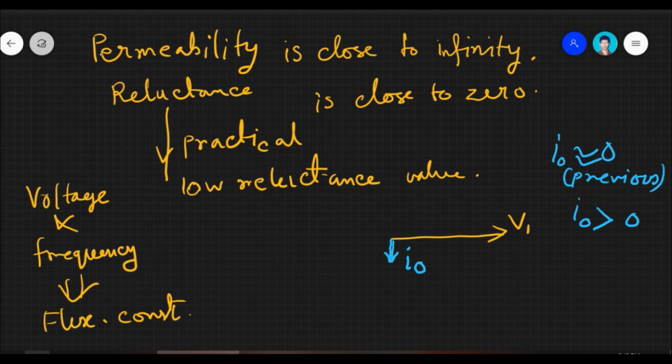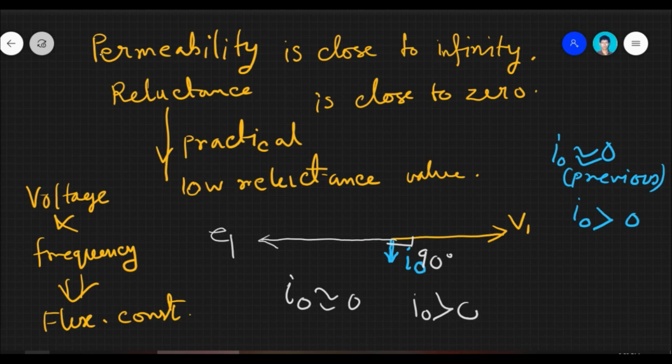Now the issue here is that you may argue, sir, as this angle is perfectly 90 degree, what is the harm? Previously I naught was almost 0, and now I naught is greater than 0.